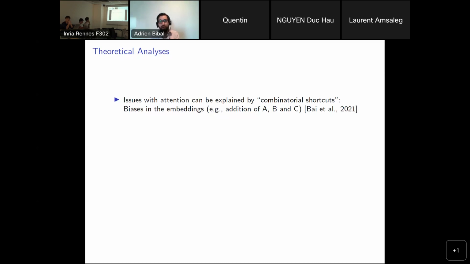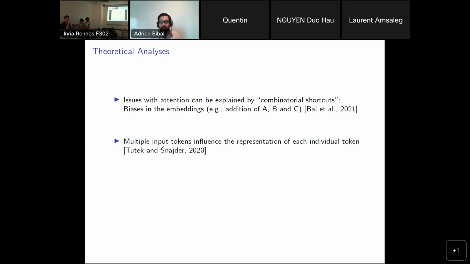So if your outcome is a positive classification and the embedding of the token A somehow contains something that's positive, then you will have some attention that's put on A because of the bias related to the positiveness in the embedding. So it's not useful for the task itself, but there are some biases that make these tokens interesting for attention.